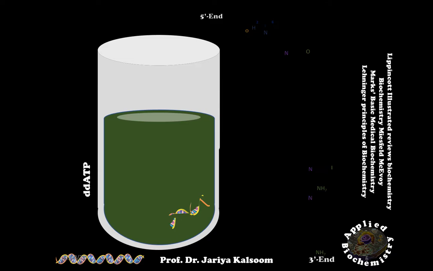In the third reaction tube, guanosine dideoxynucleotide triphosphate, ddGTP, deficient in 3' and 2' hydroxyl groups, is added in little amount.